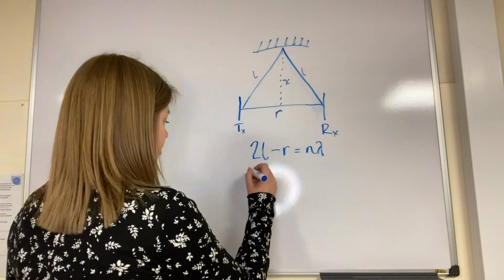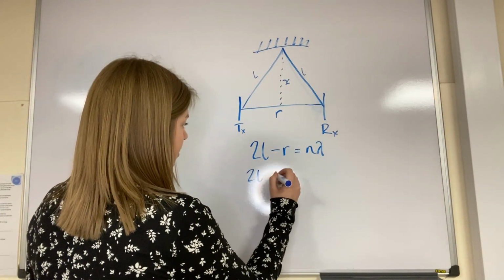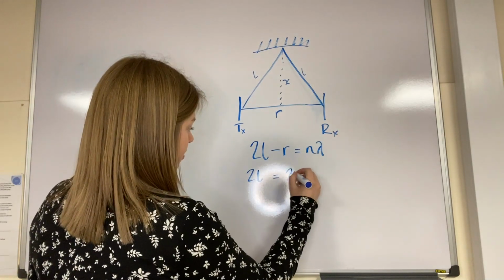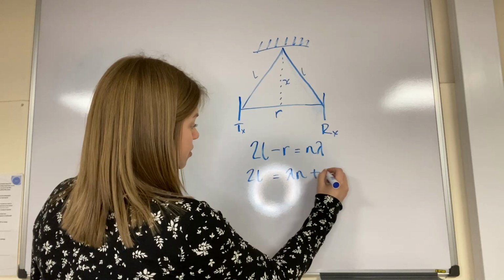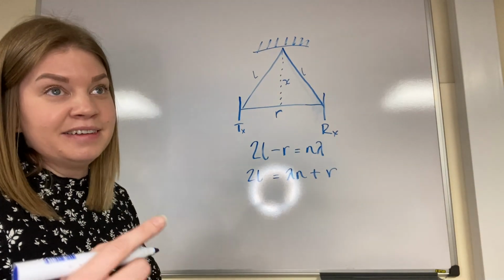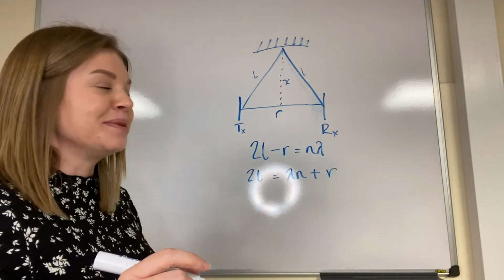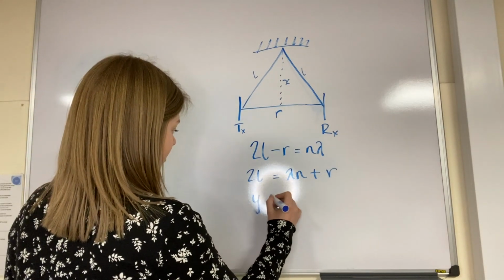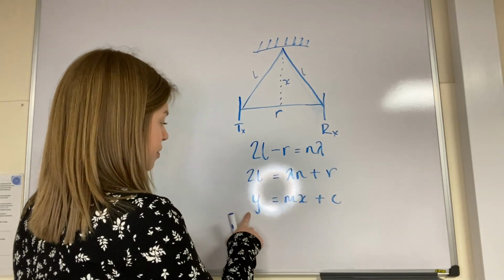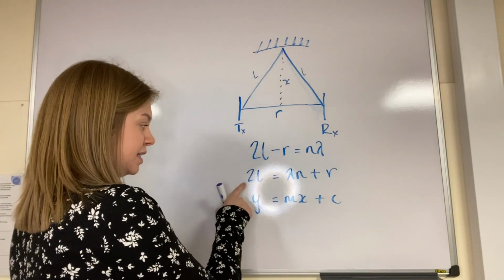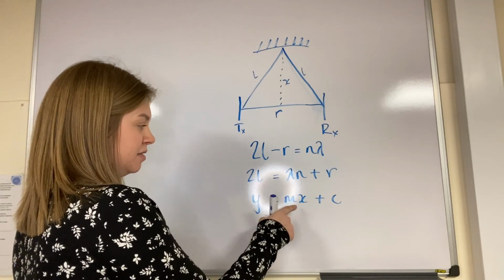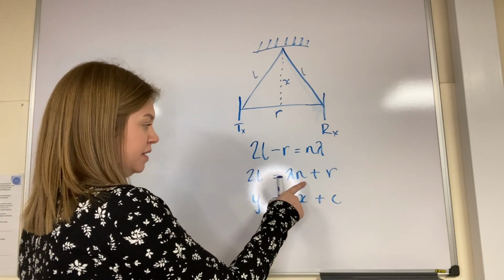So if we rearrange, I'm going to write that the other way around: 2L equals lambda n plus R. Then if we compare that to the linear line equation, y equals mx plus c, y is what we plot on the y-axis, 2 lots of L. M is going to be lambda, our gradient, and on the x-axis we need to plot n.